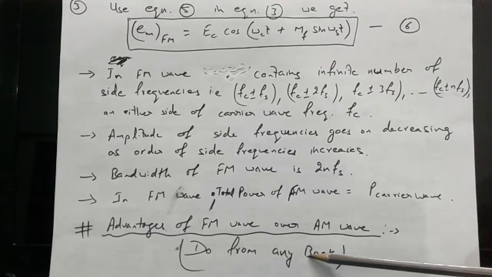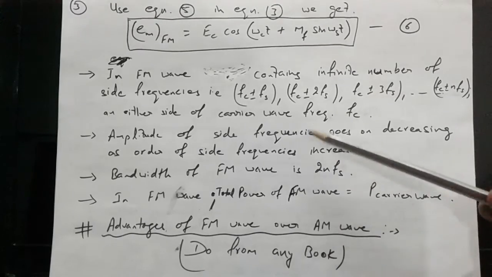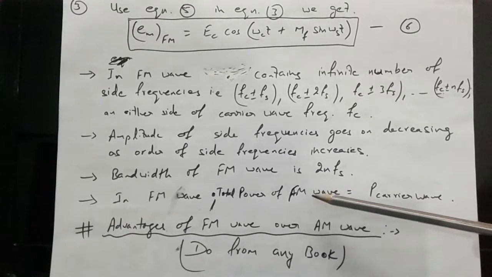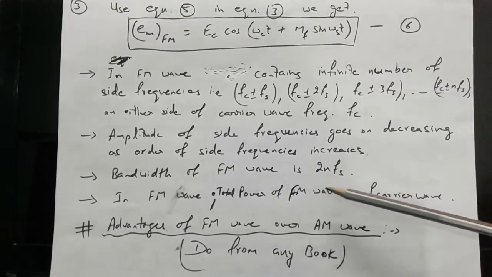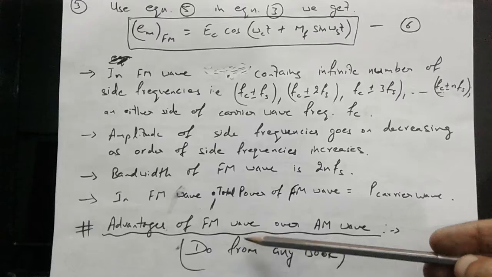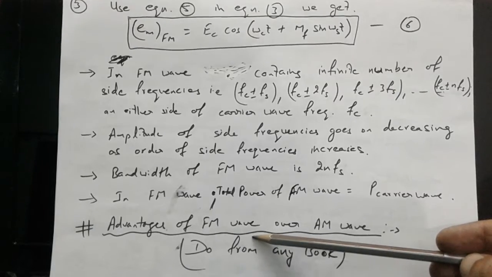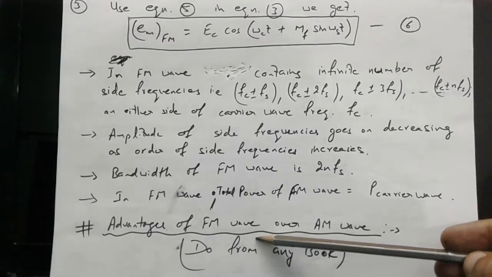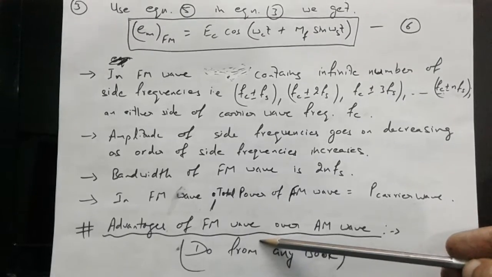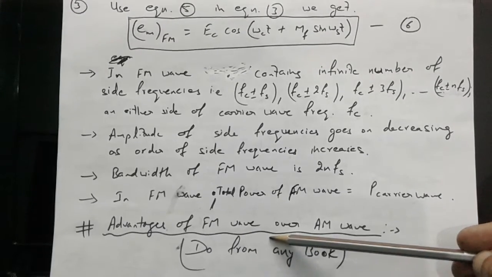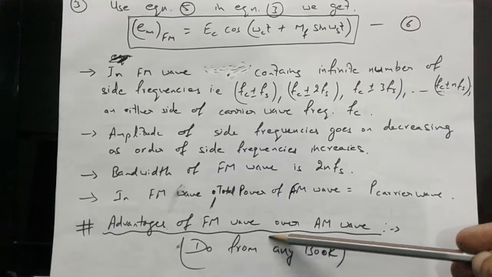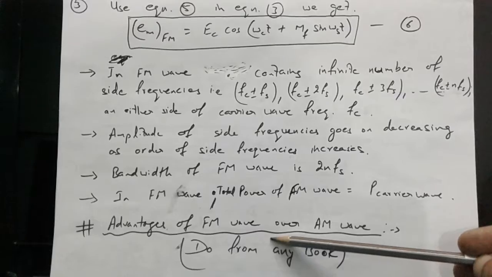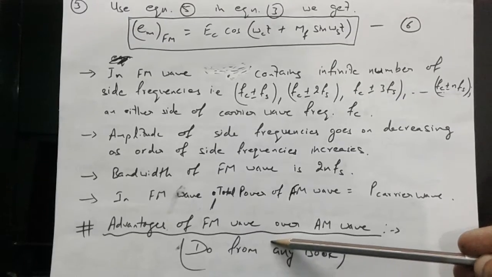Mostly the points which we have discussed in the above article as well as in the AM wave will be covered in these advantages, and also some more details you can find in the book. If you have any confusion regarding any point, you can ask me whenever you like.